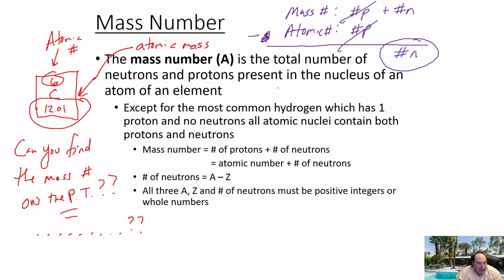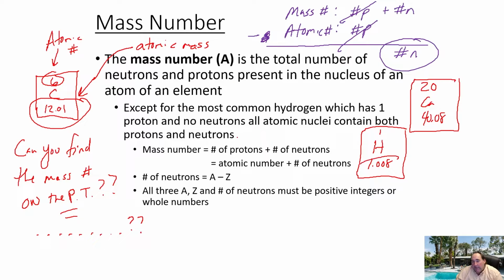If we take a look at something like calcium, we'll see something like 40.08. If we look at something like hydrogen, 1.008. So if we look at all these numbers, they are not whole numbers.